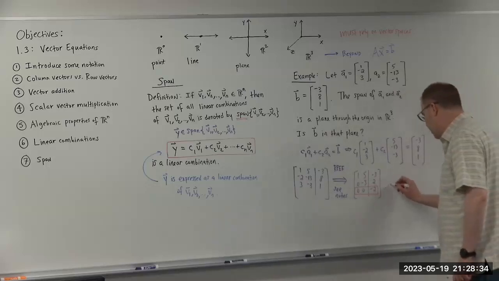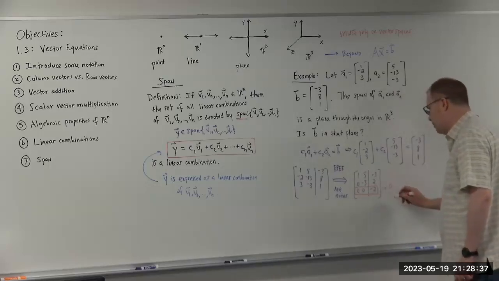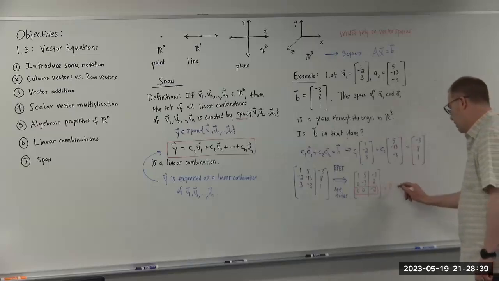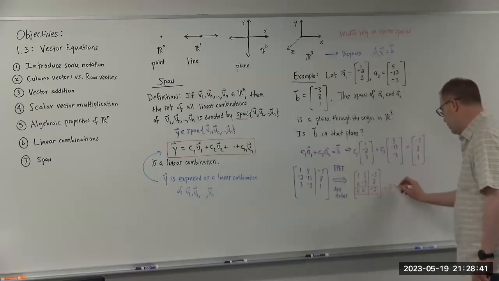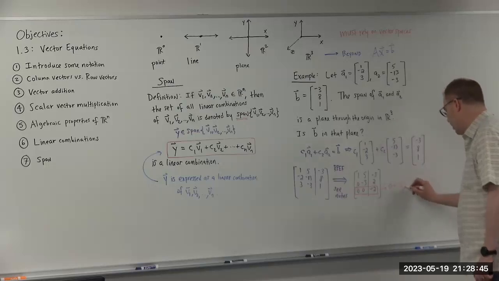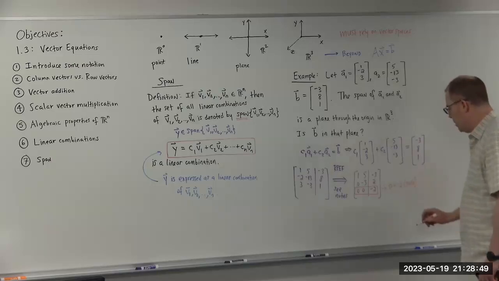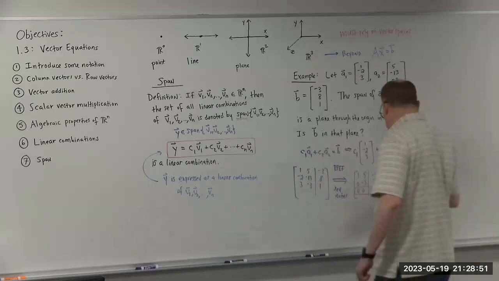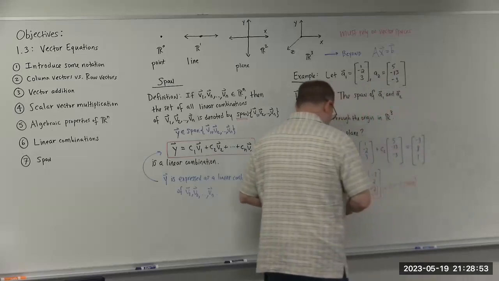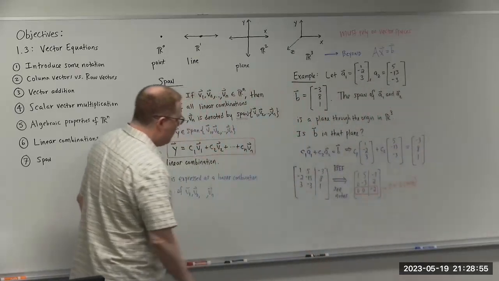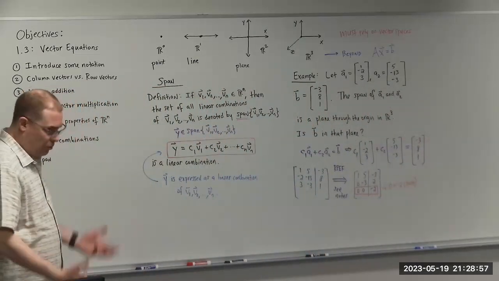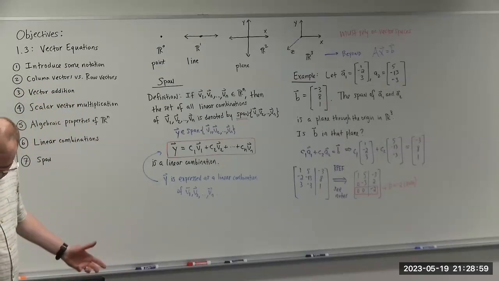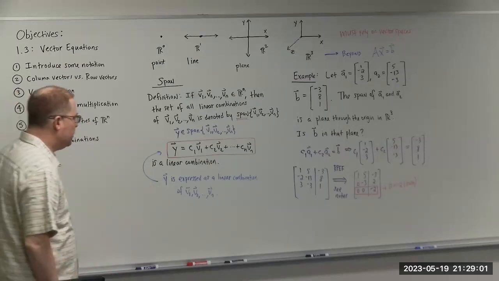This just means 0 equals -2, which is obviously false. That's a false statement. Therefore, there is no solution to this problem.